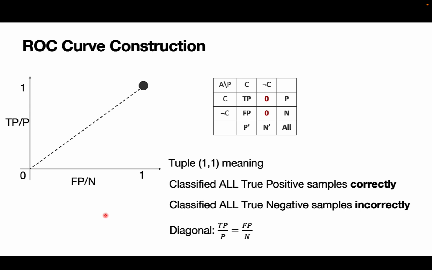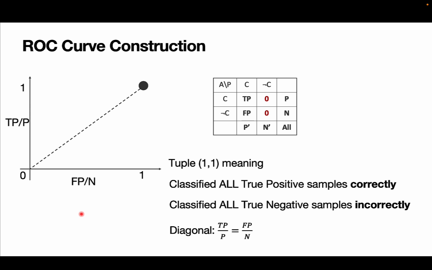To construct an ROC curve for the logistic regression example, each confusion matrix is going to represent a single point in this ROC plot. As you can see, the x-axis represents the false positive rate and the y-axis represents the true positive rate.